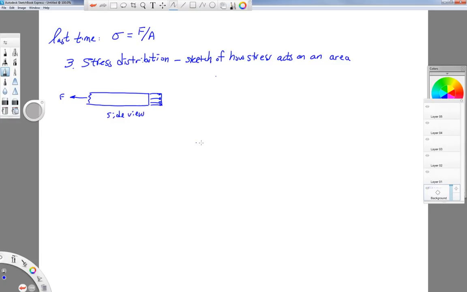Let me see if I can make a 3D perspective view of the same thing. If we look at our round bar, it has some sort of round cross-section. Here's my axial force. Then the stress distribution would take a shape that would be a cylindrical shape on that cross-section.